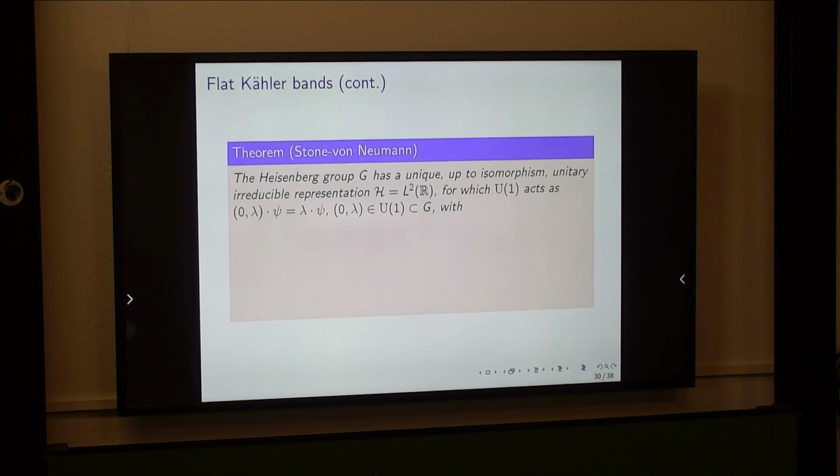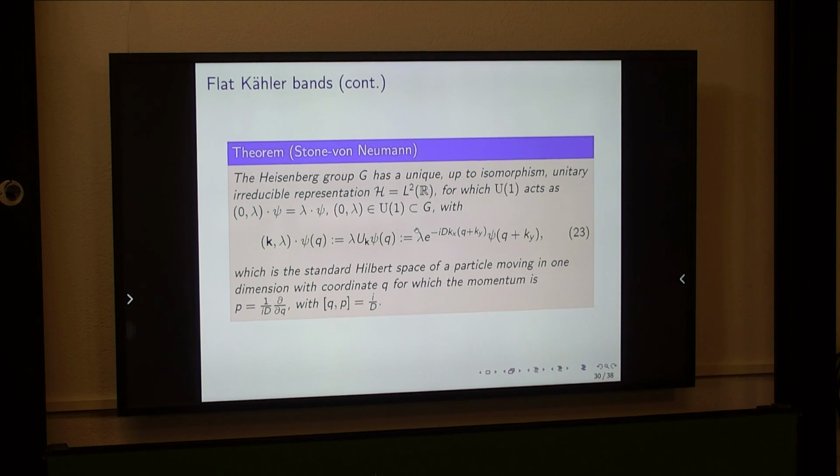And now there's this beautiful, celebrated Stone–von Neumann theorem, which tells you that the Heisenberg group G has a unique, up to isomorphism, unitary irreducible representation, which is specified by this Hilbert space, square integrable functions on the line, for which U(1) acts in this standard form. And this is the concrete realization for the gauge I chose.